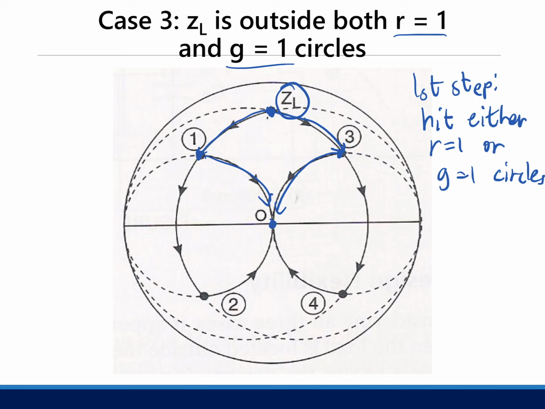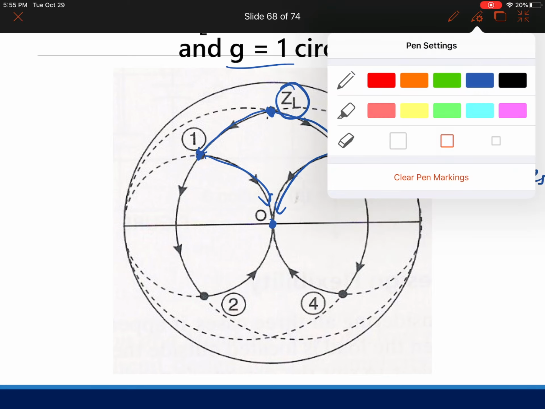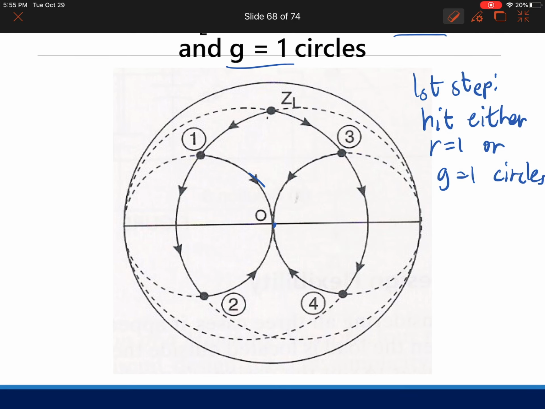And from here, actually, you have 4 possible paths. Let me just outline it for you. Okay, let me clean that first. The first possible path is through here. The second possible path is through here.